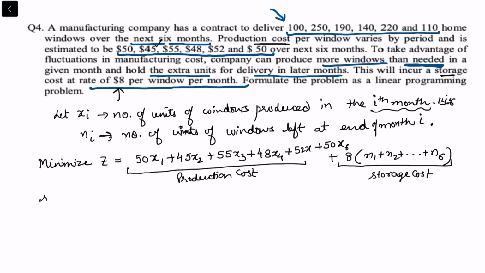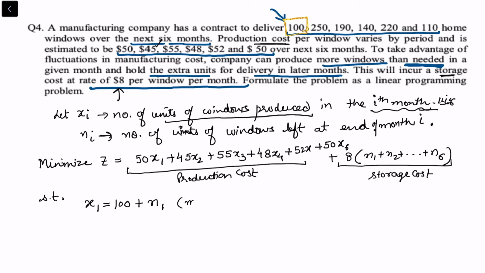What is the condition? The condition is on the windows that we have produced in the first month, that is x1. So we have selected the decision variable x1, the number of windows produced in the ith month. Now for x1, what is the requirement? We need to deliver 100 windows. And we said in the problem that the company can manufacture more than 100 windows. So x1 has to be 100 plus the extra windows if the company produces extra in the first month.